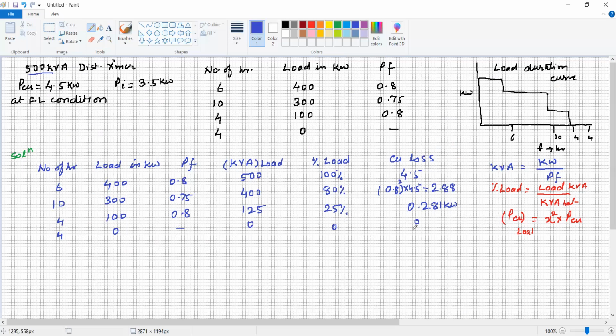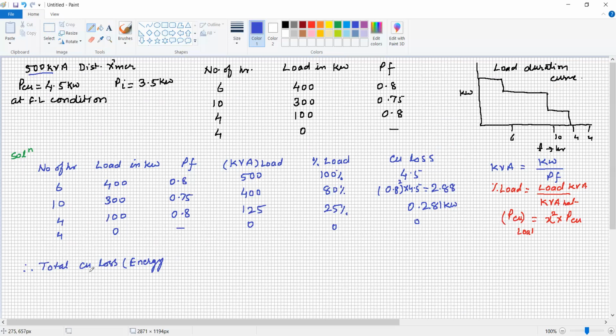So what is the total copper loss? First we will find the total copper loss energy.